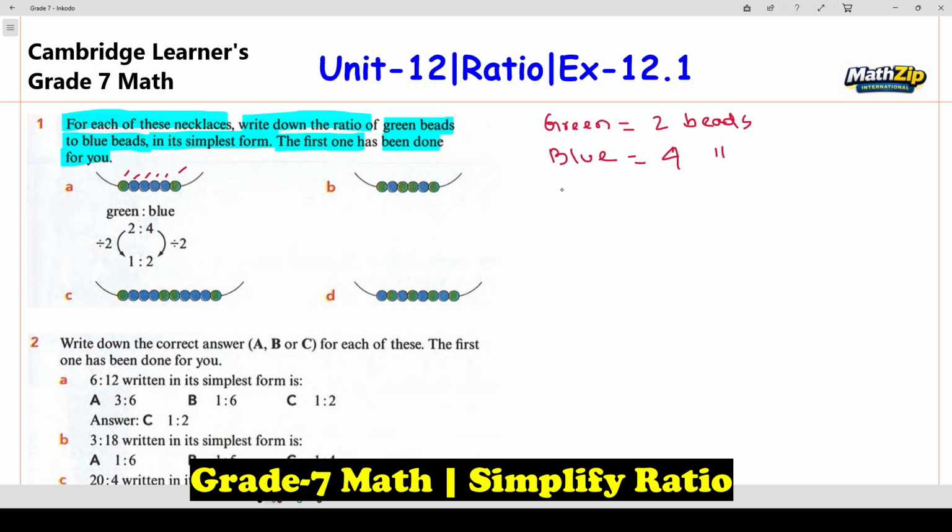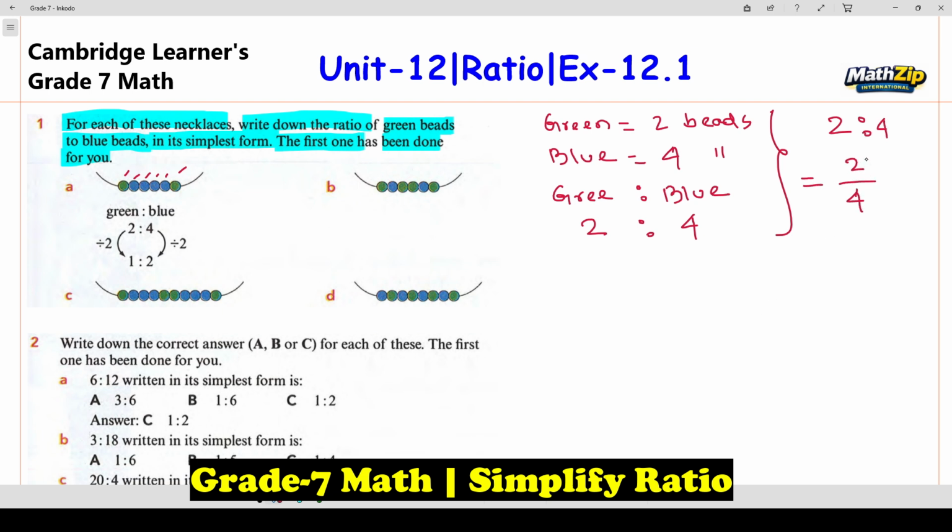Now look, green ratio, it means green is to blue, green 2 and blue 4. Look, 2 is to 4, it means 2 by 4.